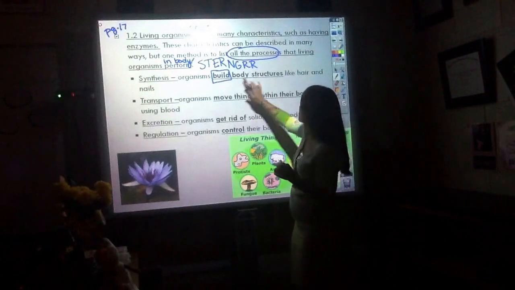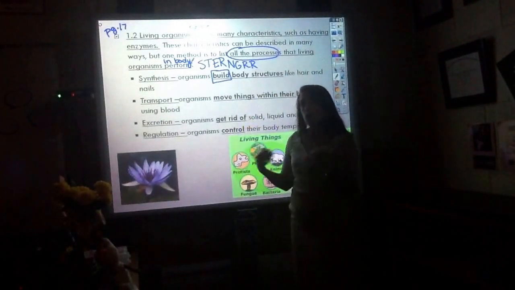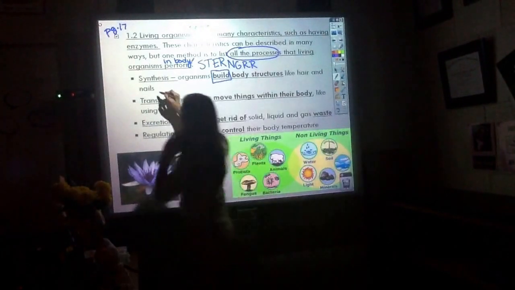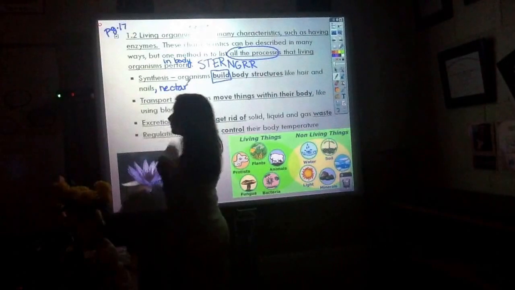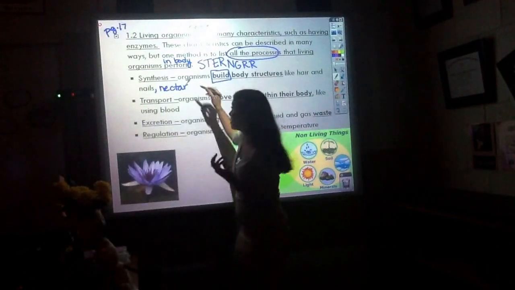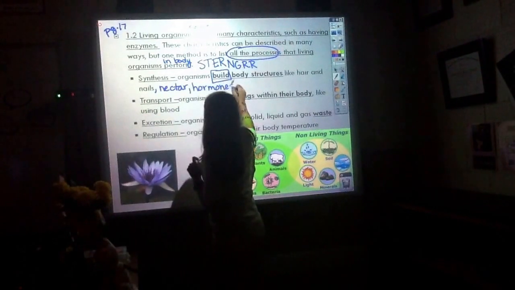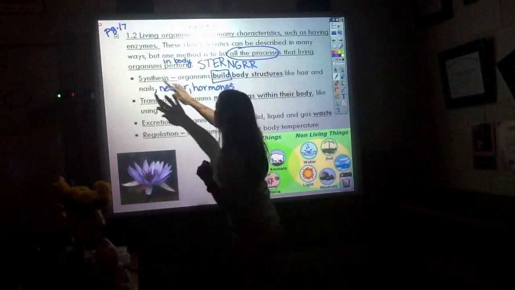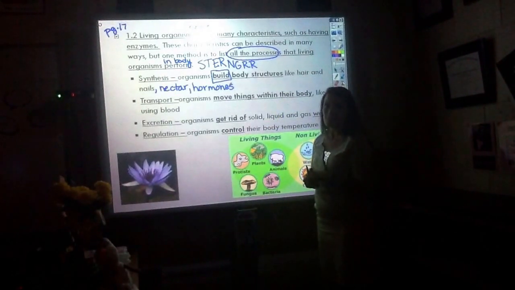We're talking about building your body structures like hair and nails. When we talk about plants, we might be talking about synthesizing something like nectar. This also has to do with things like hormones that send signals within the organism's body. So when we talk about synthesis, we're talking about building or making something.